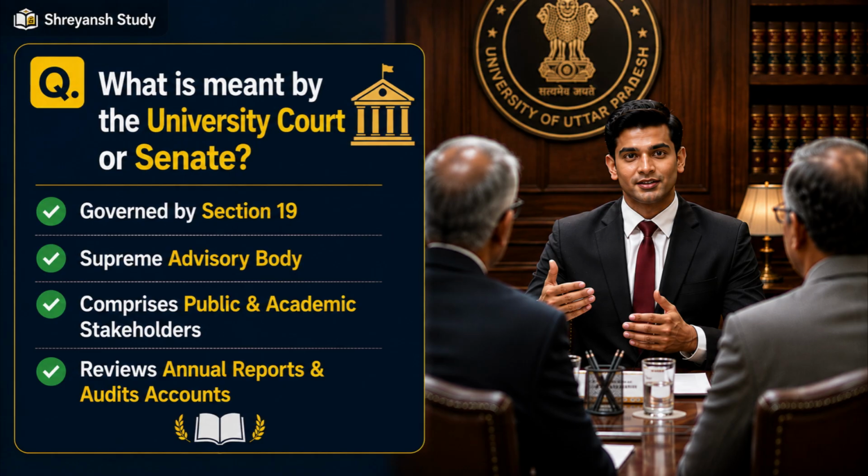It comprises internal and external stakeholders, including public representatives. Its key functions are to review the annual report, audit accounts, and pass resolutions on the annual budget framework, serving as an important link between academia and civil society.